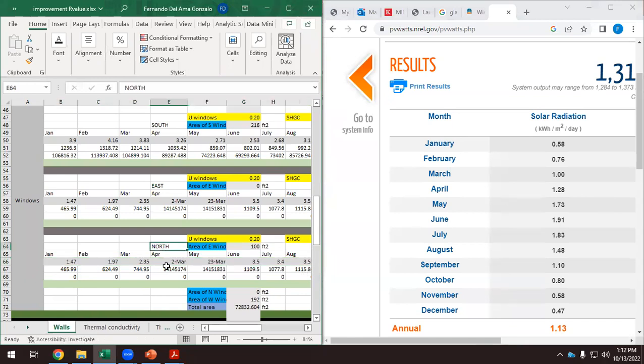We are in the north facade, and in January is 0.58, in February 0.76, 1.28, 1.373, 1.1.